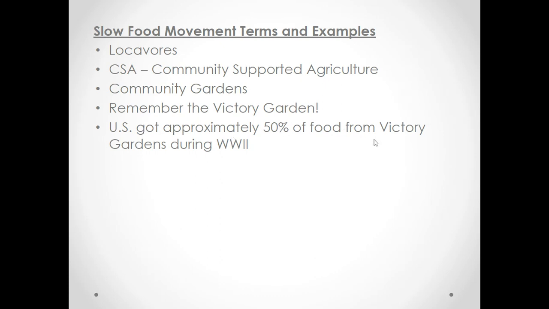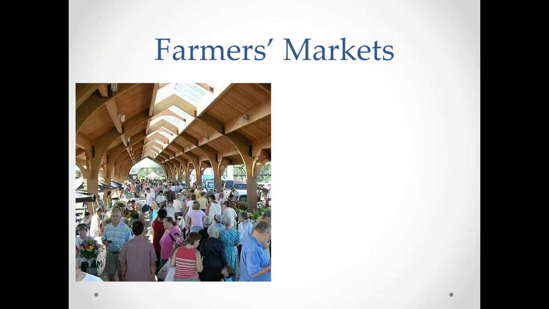And think about this. The US got approximately 50% of its food from victory gardens during World War II. So people just growing gardens. And the reason I bring that up is you're probably going to see a lot of people doing that during the pandemic that we're experiencing right now. You're going to see a lot of people who start growing their stuff rather than getting stuff from the grocery store, because supply is going to be limited.